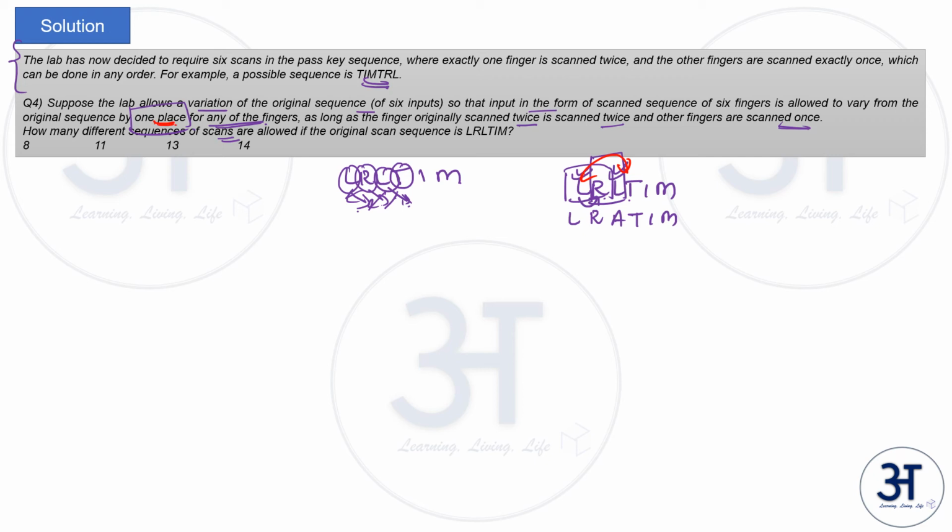Now that L and L shift cannot happen, you need not worry of double counting, because you cannot double count given the constraint. It is not possible for you to have this transition between first and third, so there's no worry of double counting.